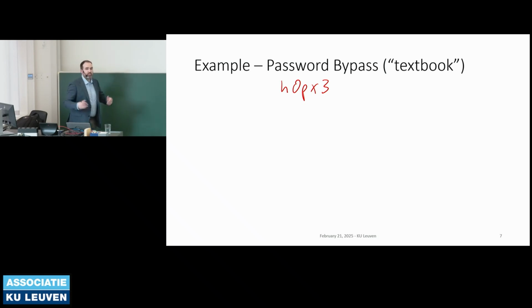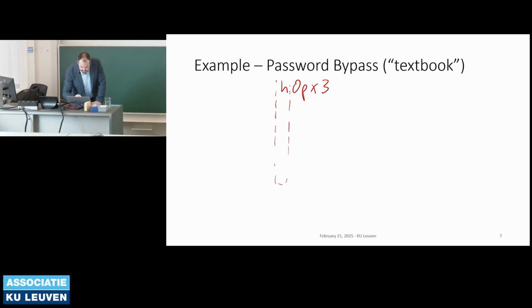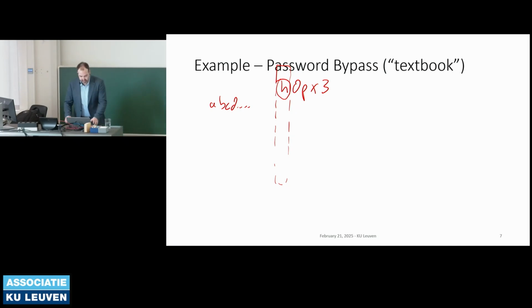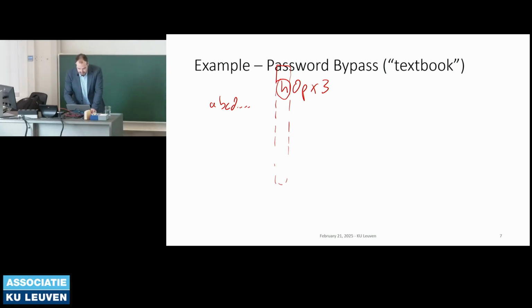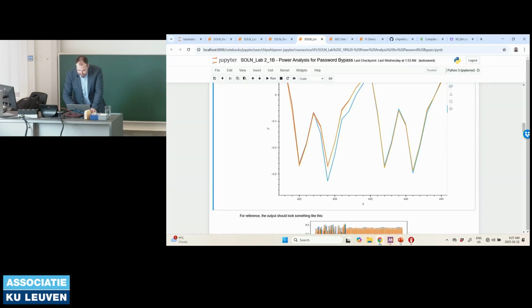If we had a very long password, this search space explodes. But with power analysis, what I'm doing is I'm searching that first character, right? So I would just say A, B, C, D, blah, blah, blah. Eventually, I'd figure out that first character is H. Once I know the first character is correct, I could then do the same brute force on the second character. So if I do this in my little demo here.